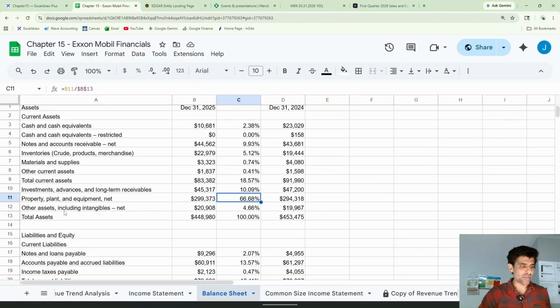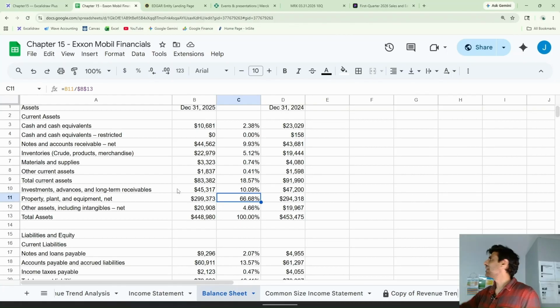You can see of their assets, property, plant, and equipment is by far the largest portion, and that's what you'd expect because ExxonMobil owns a bunch of property. They own all these oil fields all over the world. They're a huge owner of assets.